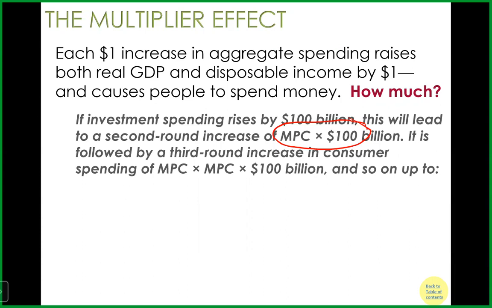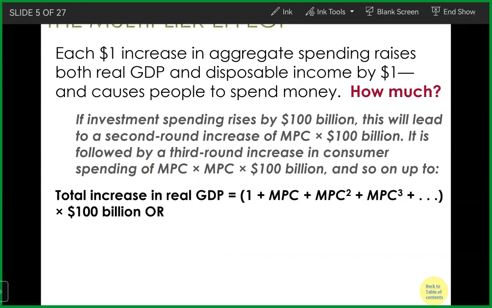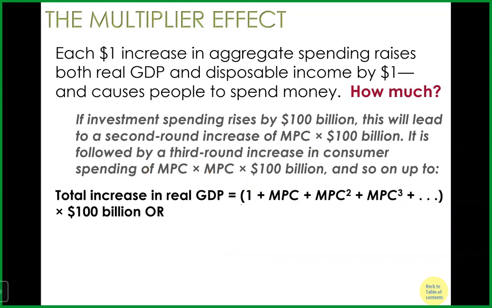Now this step won't stop here. This is going to keep moving, right? The next step is this income for the next round, and then you multiply by this MPC, right? So collectively, what are we going to have? We are going to have the following, which is given by this equation.